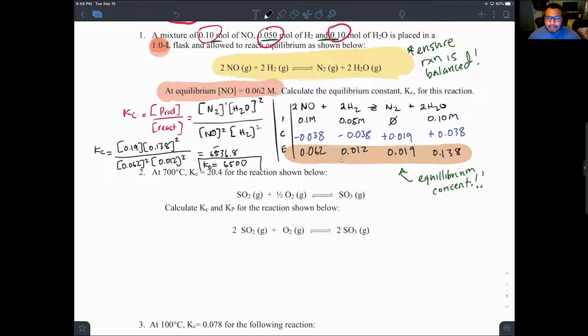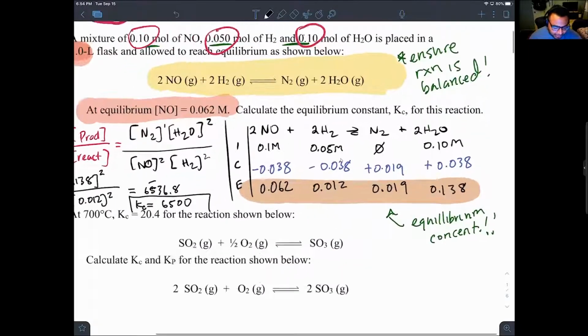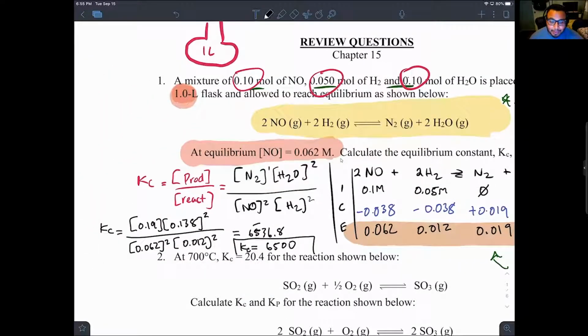Are the products or the reactants favored? Okay, hopefully you paused and thought about it. Well, because our answer, our K, is very large, and K represents the ratio of the products over the reactants. Because we have a large value, it would imply that at equilibrium, products are favored.